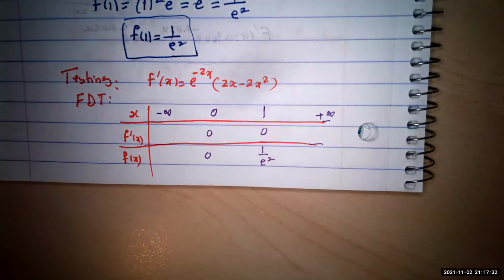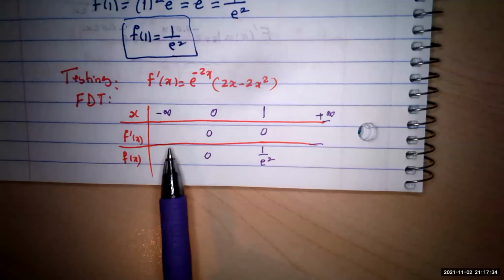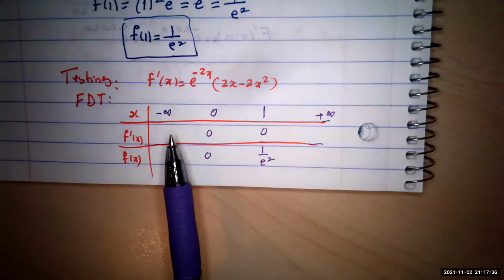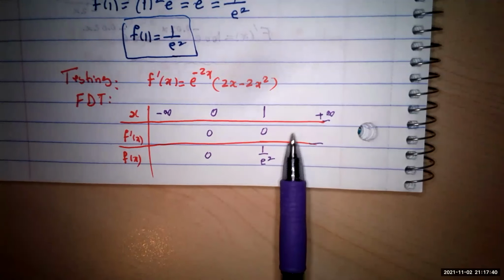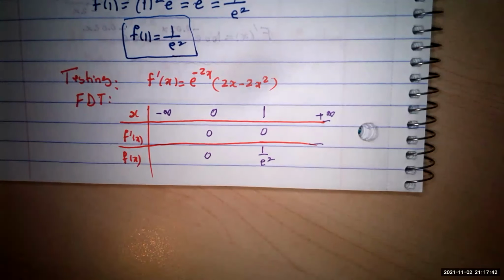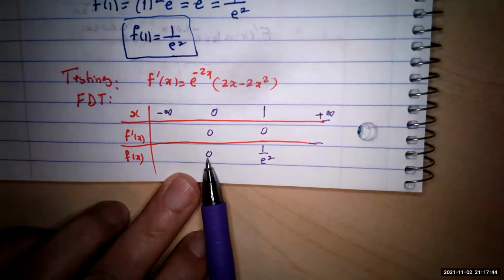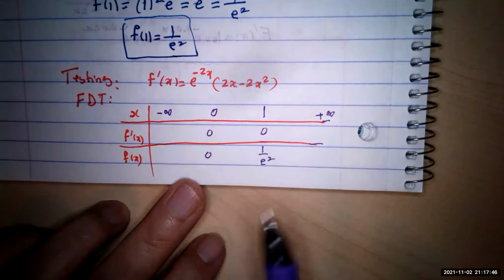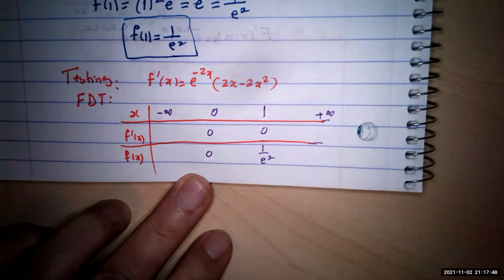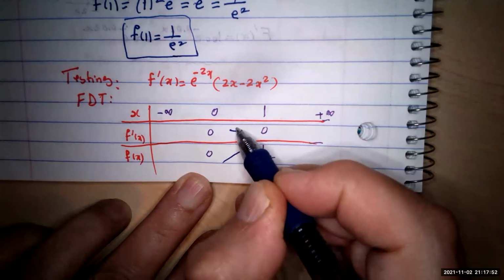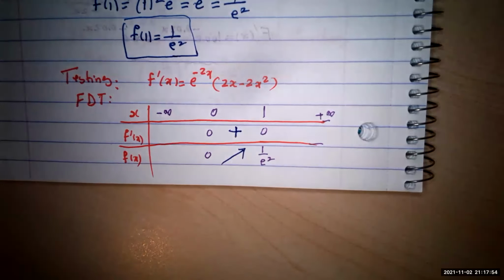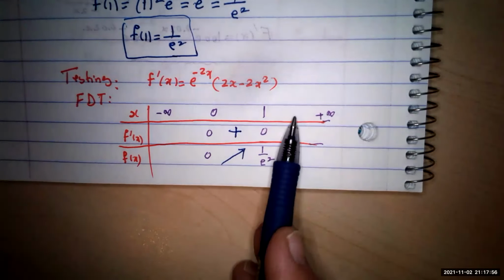You have to determine the sign of the f prime. Remember, increasing, decreasing: 1, 2, 3. The one in the middle, from 0 you go to 1 over e squared. This is an increase, so this is positive. You only need to check two numbers here.